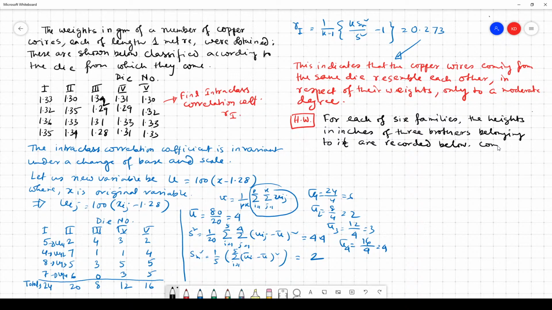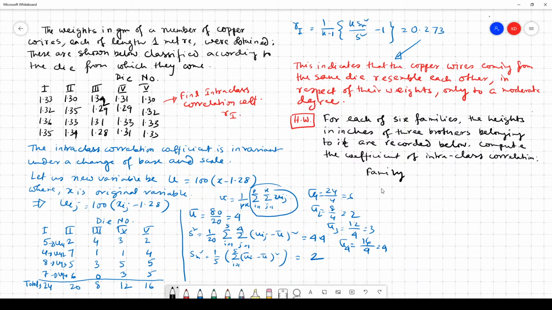Compute the coefficient of intraclass correlation. The data is as follows.